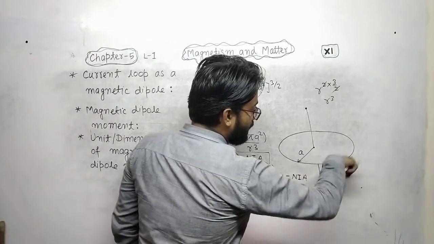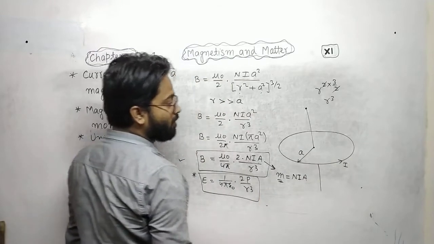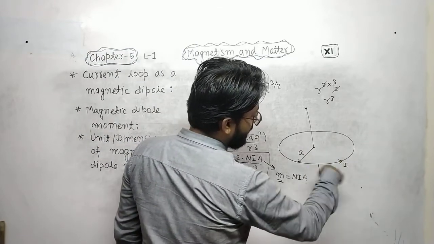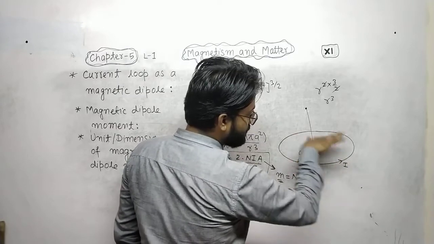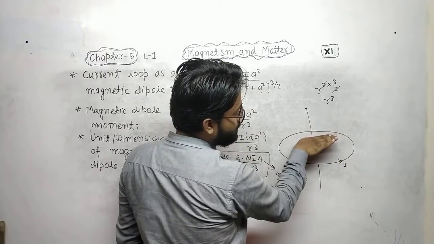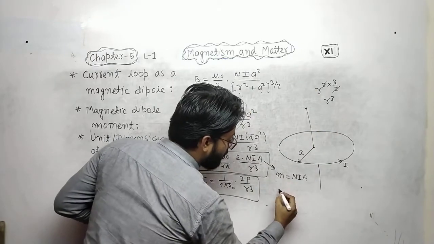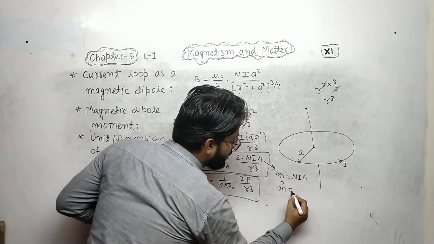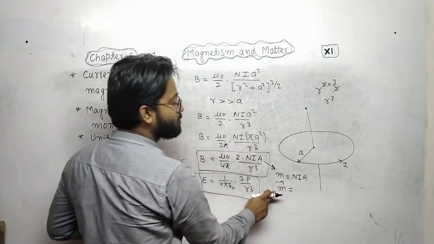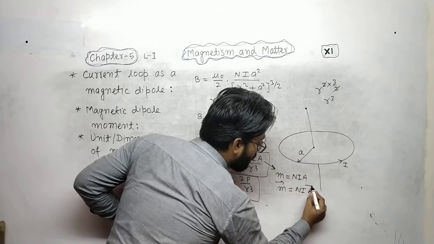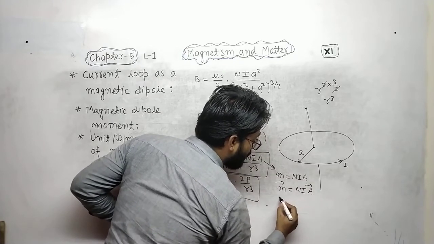We also know that if this is the surface, the area vector will be upside. In vector form we can write magnetic moment, because magnetic moment is also a vector quantity, that is Ni times the area vector.